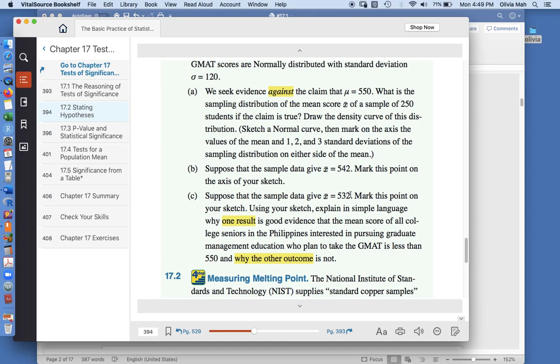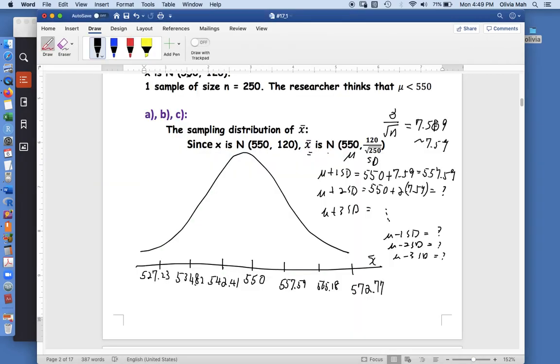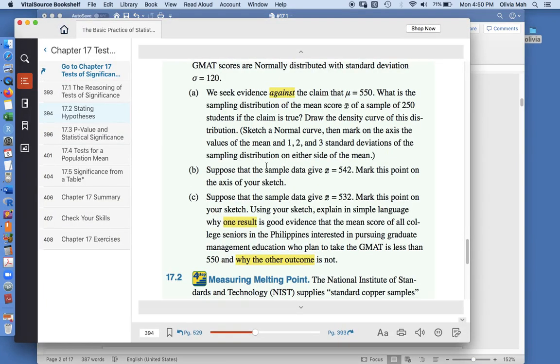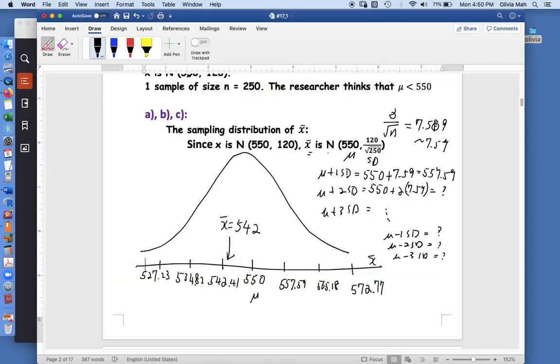One is 542, the other is 532. So 542, where does it go? This is 542.41, so 542 is somewhere here. This sample mean is located roughly 1 standard deviation below the mu. Another sample mean is 532.